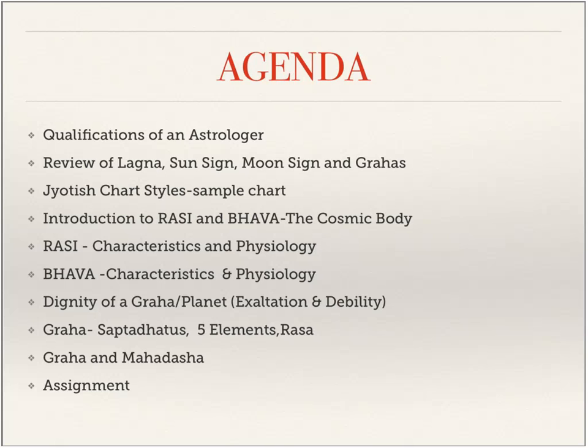We'll review the Lagna, sun sign, moon sign, and grahas based on some of the questions I saw on the forum, and Jyotish chart styles. Then we'll get into Rashi and Bhava and their characteristics, and a few more items about grahas. So please stay open and just receive.